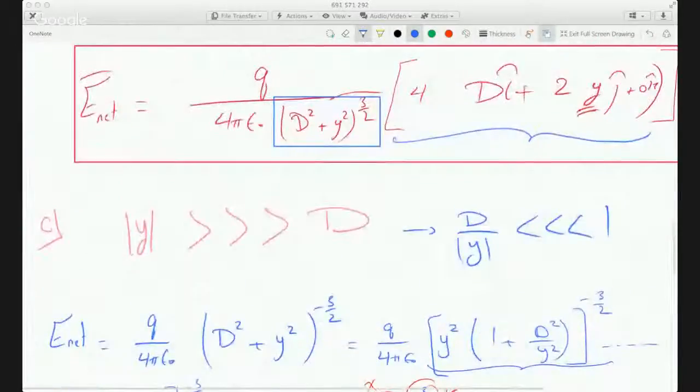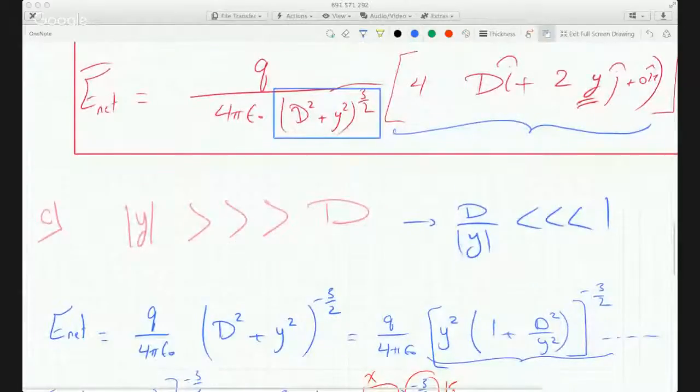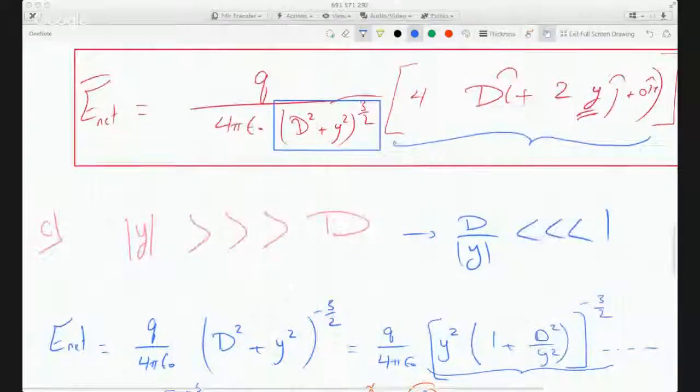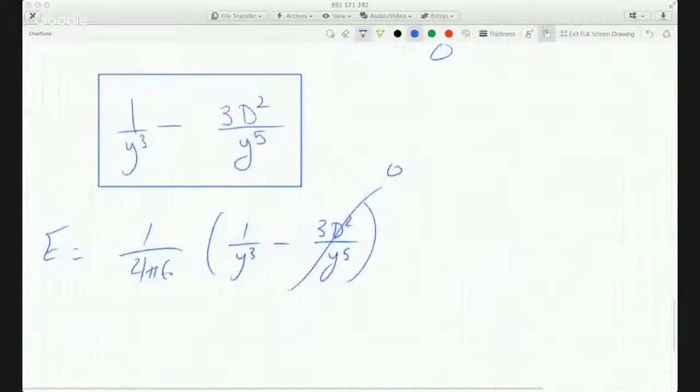And then since y is much larger than d, I can just ignore the x component of the electric field at very large distances, because y is so huge compared to d. So that's just times 2yj.